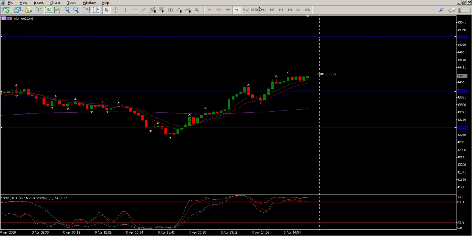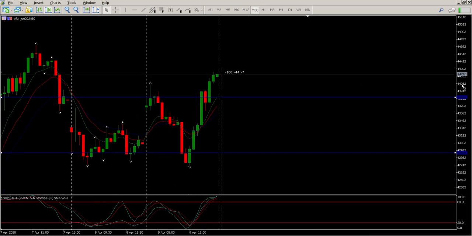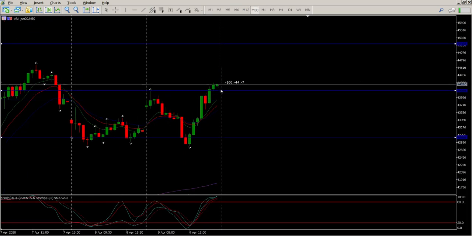So just coming back to the half hour, I'm going to move this level up here. There's a bit of a breakout here, so it would be nice to see a pullback back onto 44.058 and then a move to the upside. But these oscillators all grouping like this really seriously worry me.